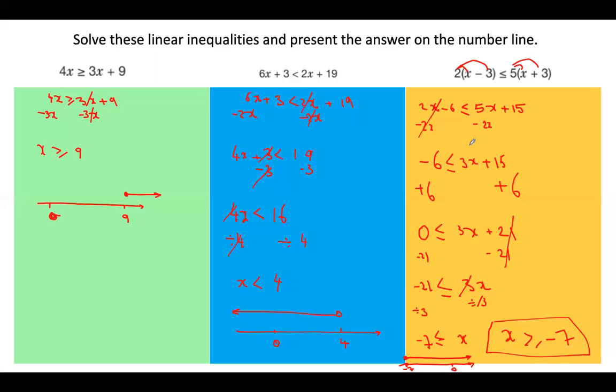I have x's on both sides. I have numbers on both sides. But if you remember that you get rid of the smallest number of x's first and then the smallest number, this way you eliminate one x term and you eliminate a number and you're going to be left with just x's on one side of the equation or inequality and the number on the other side. It just makes the work easier.